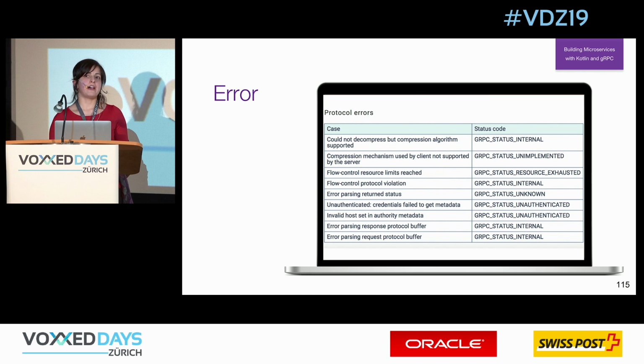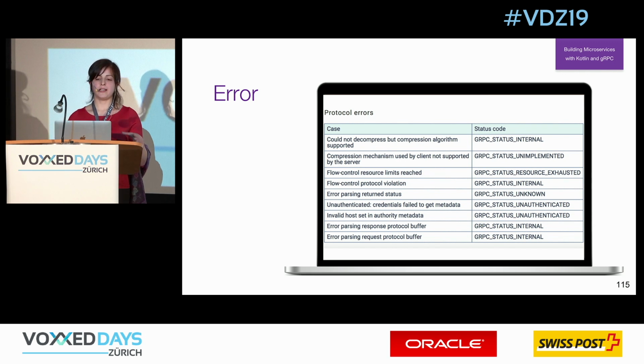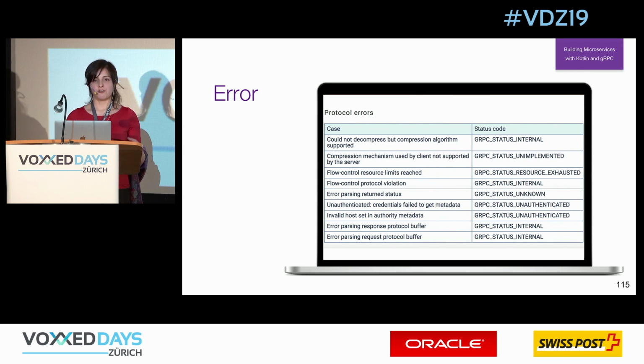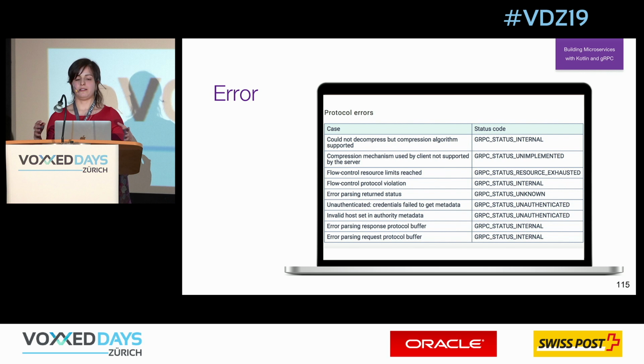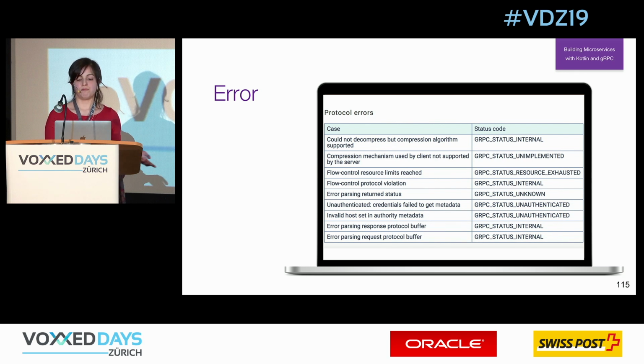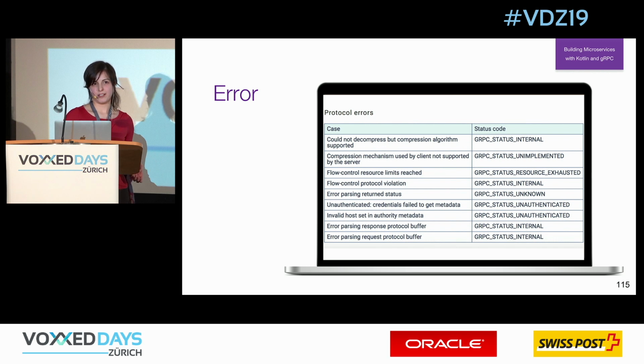But what if your errors are not coming from some network or from your protocol, but they're coming from your business logic? For example, you're trying to create a person with an age which is below 0. Which is not really a good solution.